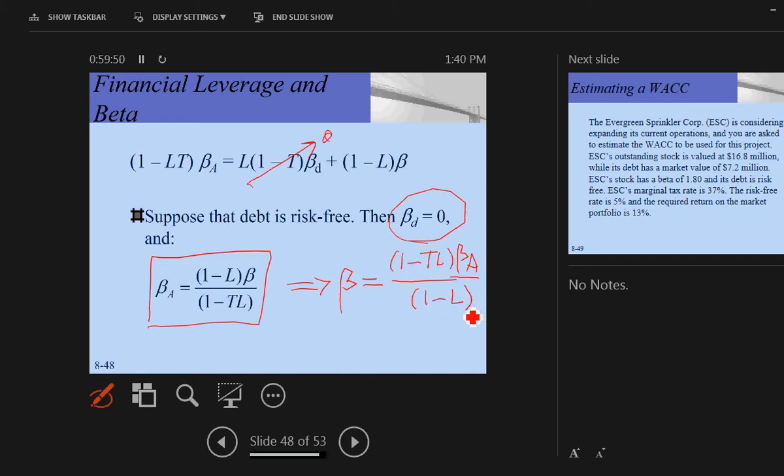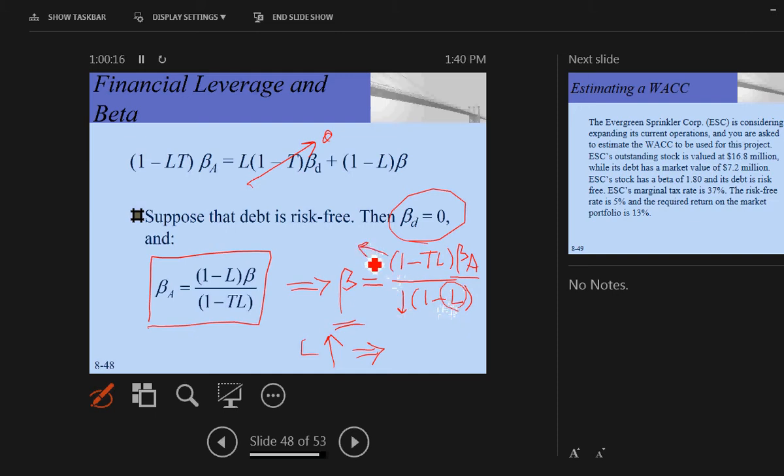Out of this, you can see how leverage is going to impact the stock's beta. If leverage goes up, what's going to happen to the denominator here? The denominator is going to go down, because leverage has gone up and has a negative sign. In the numerator you have a different story.